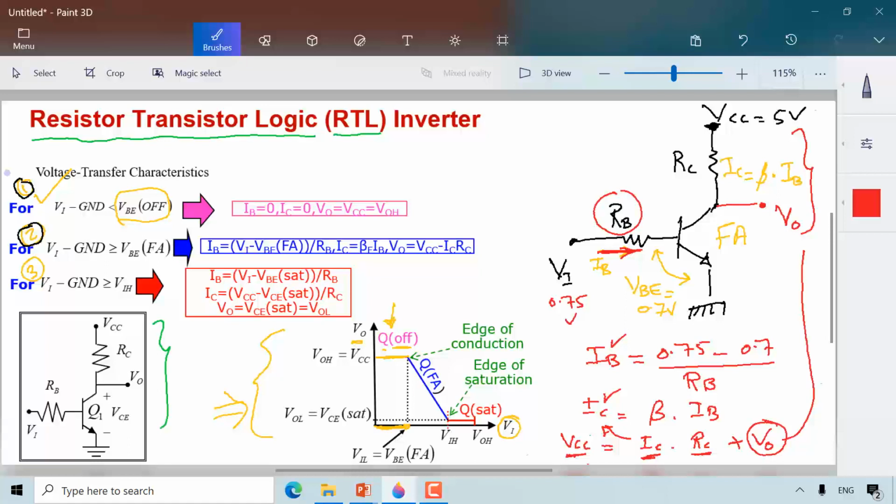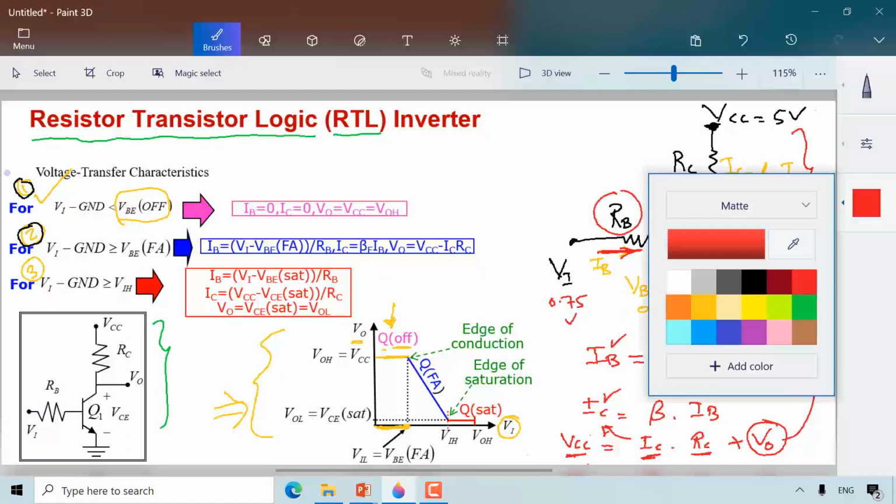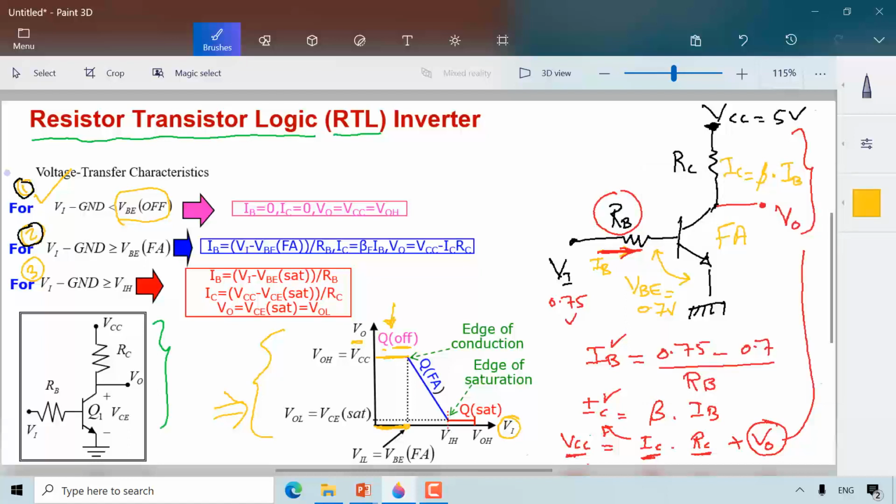You can see that the Vout diminishes with the increase in IC. That's why in this region right here, as we increase the input, the value of the output decreases, because as we increase the input, IB increases, IC increases, and if IC increases, VO decreases.